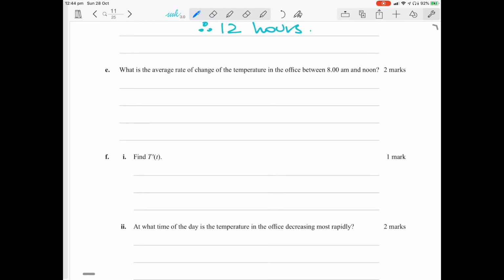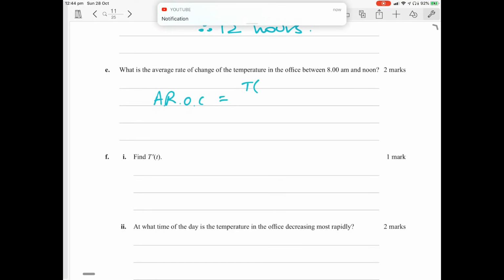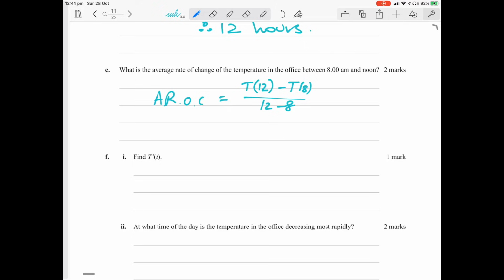What's the average rate of change of temperature between 8 and noon? So the average rate of change. So that's going to be T of 12 minus T of 8 on 12 minus 8.